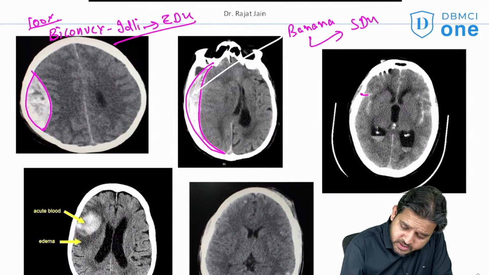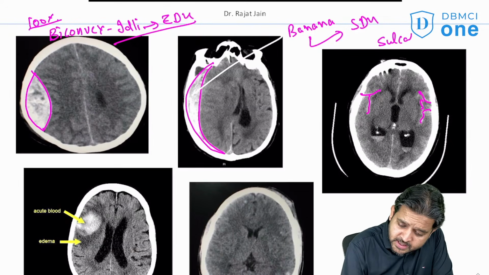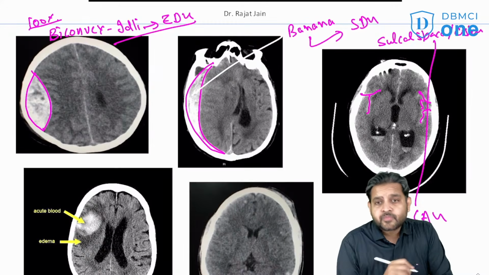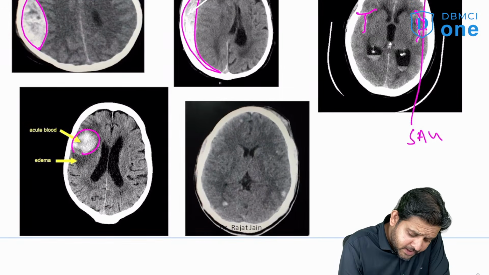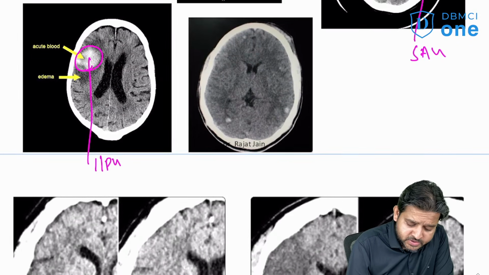Now, if you see that the blood is going into the sulcal spaces and the cisterns, then it is SAH, subarachnoid hemorrhage. And if you see blood within the brain parenchyma, then obviously this will be intraparenchymal hemorrhage.